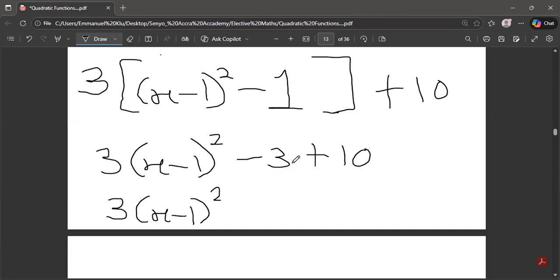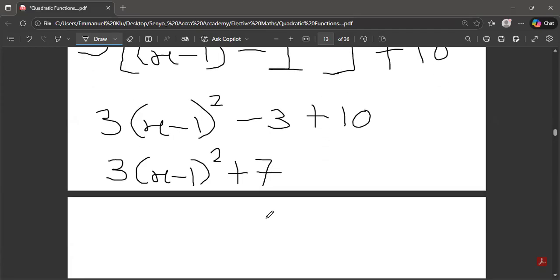So minus 3 plus 10 is equal to what? 7. If you are owing 3 cedis and you send 10 cedis to pay, at the end of the day, they will give you a 7 cedi balance. Okay, good. At this stage that we have gotten to, I told you that always your C is your what?